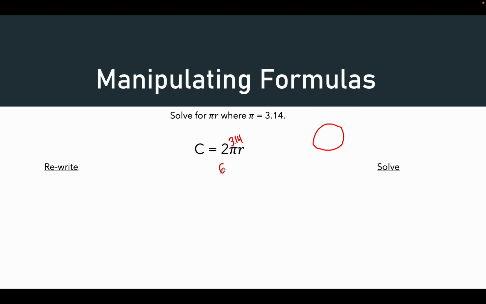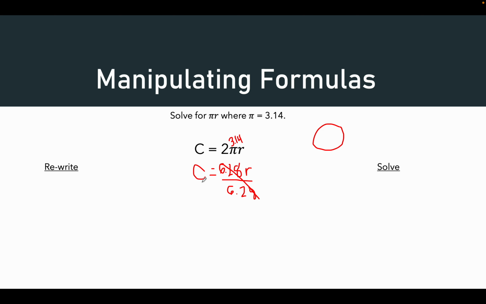So I still have 6.28 r equals C. So now if I'm going to solve for r, then I would take my 6.28 and divide.